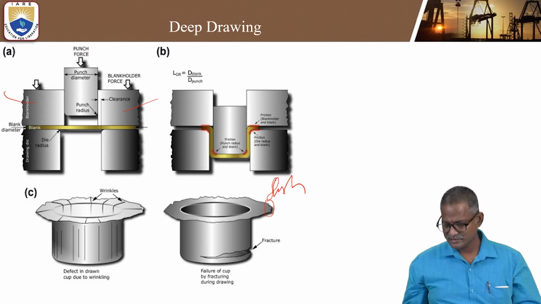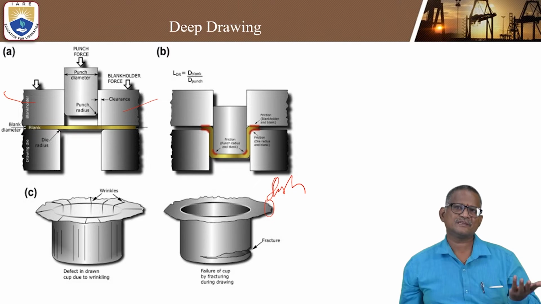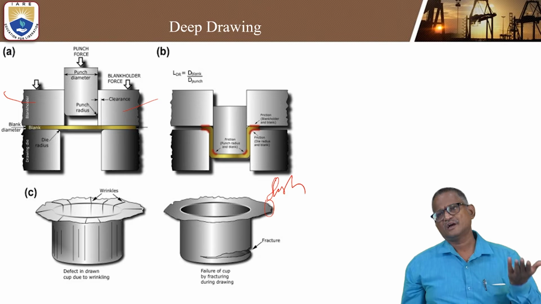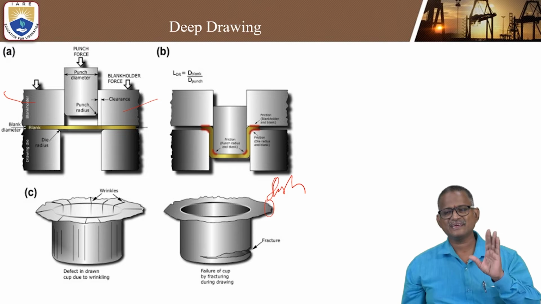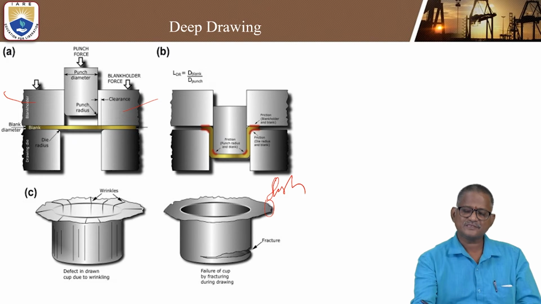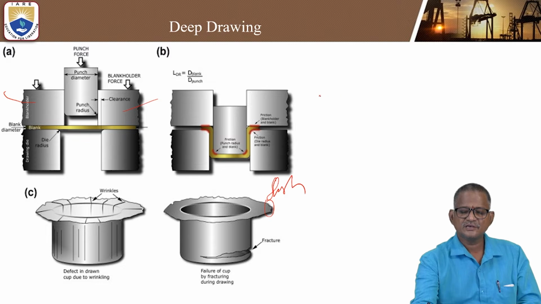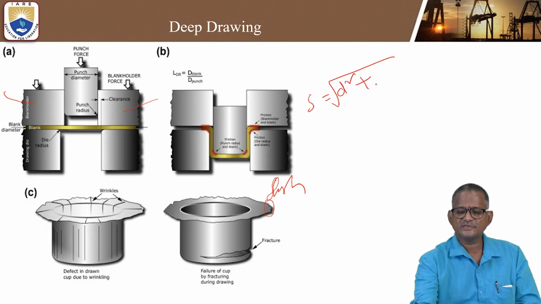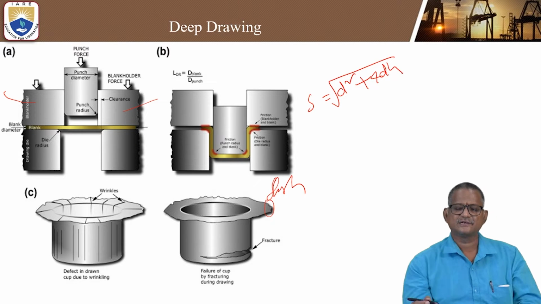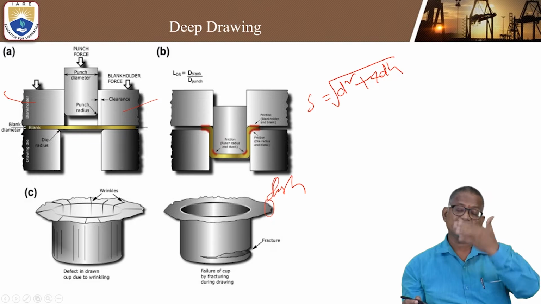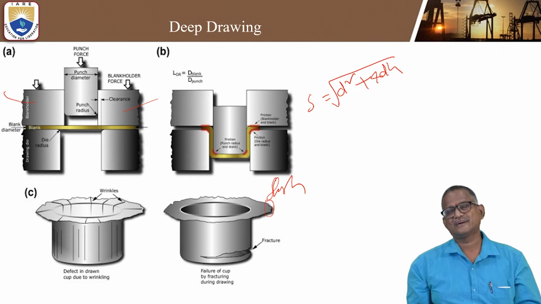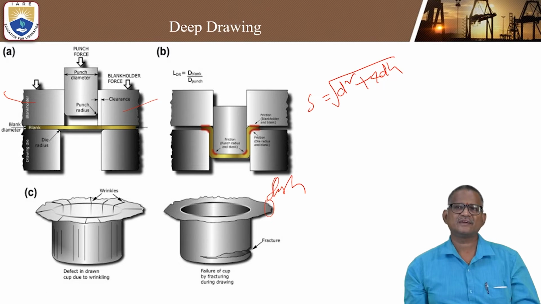Okay, so this is where you can explain what deep drawing is, and generally how they determine the blank size. So the blank size formula is also there. Blank size S is equal to a simple formula, the square root of d square plus 4dh, where d is the blank diameter and h is the height.